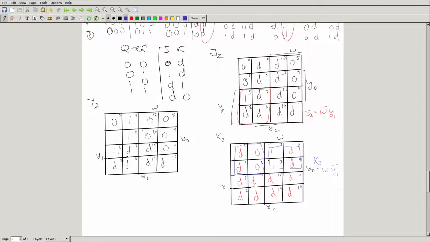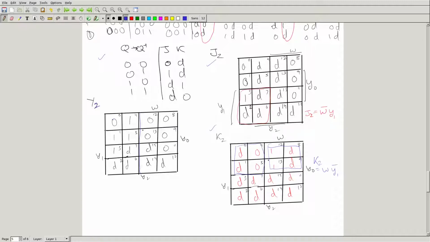So can we get these groups directly from Y2? Can you read this off directly from Y2? Can we do these steps directly from the Y2 K-map? One thing we'll need to note is that the numbers in here are the next state.